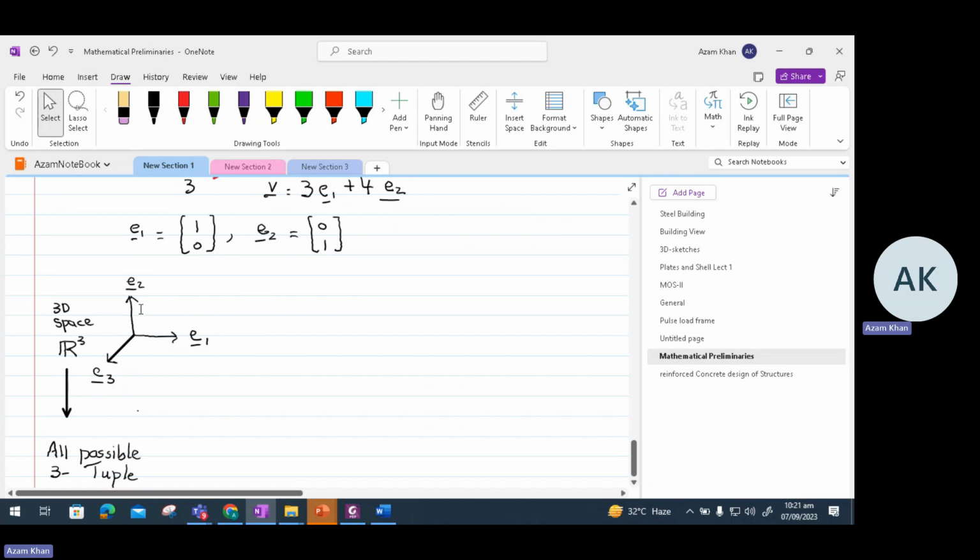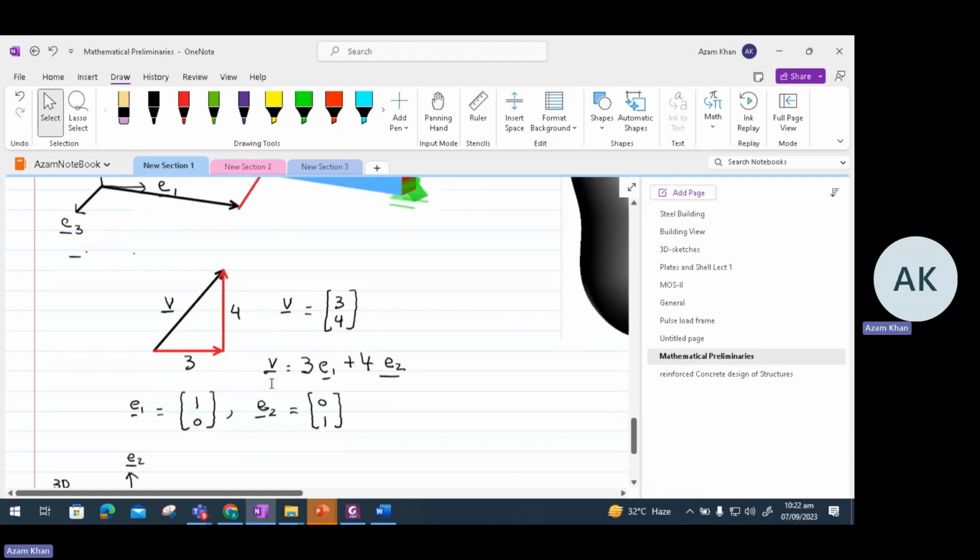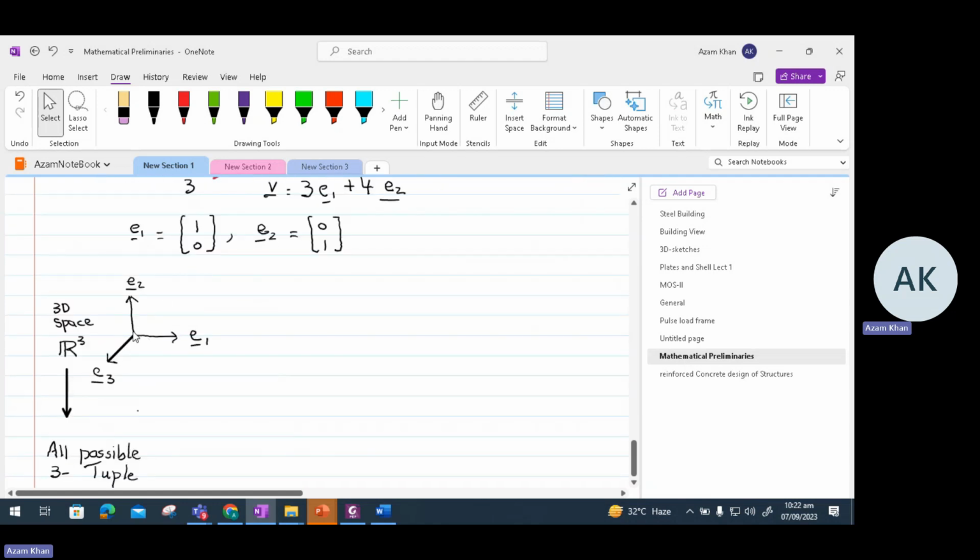all the vectors which have 3 components, 2 components, or 1 component. So any vector which has 2 components, like 3, 4, will be a subset of this space. It will be lying in this space. Any vector which has only 1 component will also be included in this space.